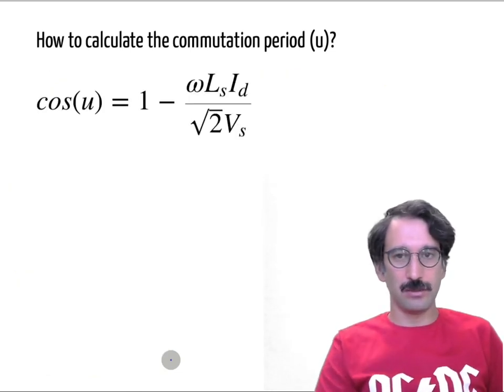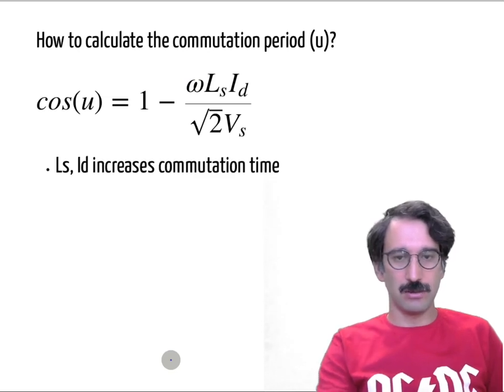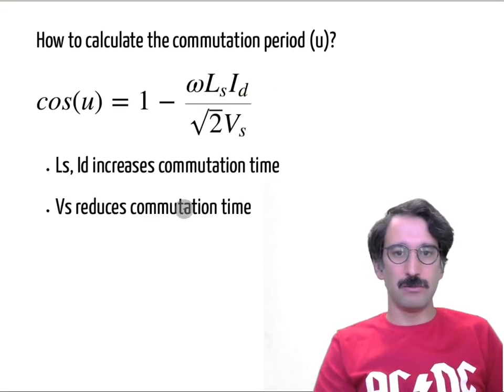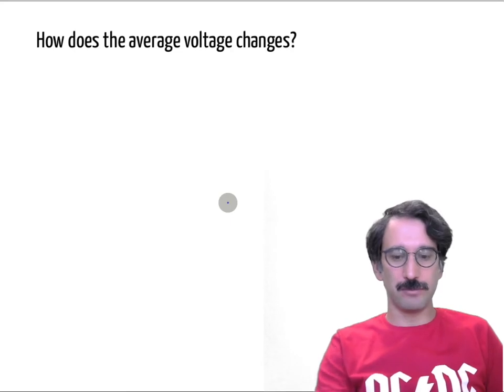So this is the same calculation in a larger format. So let's do a quick review. Ls and Id increase the commutation time, and Vs reduces the commutation time.